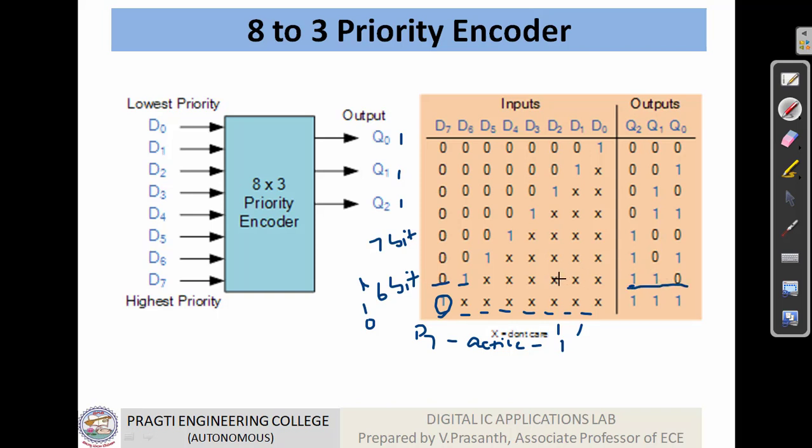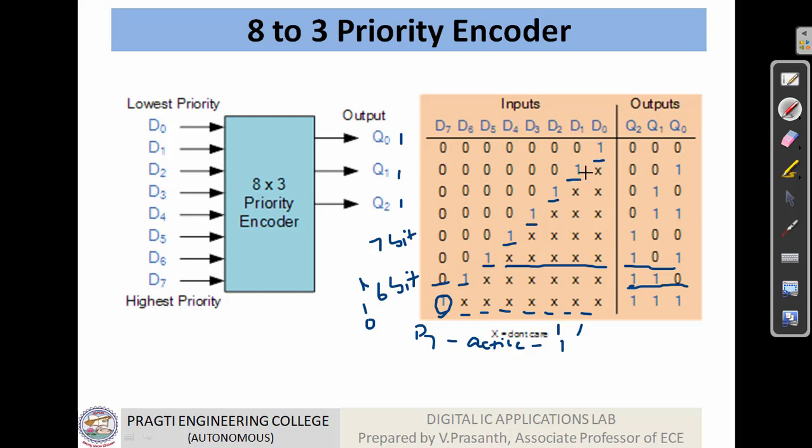Then the case goes to D5. Here D7 and D6 being inactive and D5 being 1, regardless of whatever may be the input between D4 to D1, it will present at the output 1, 0, 1. That means the 5th bit. Likewise, it goes with the 4th bit, the 3rd bit, the 2nd bit, the 1st bit, and then the 0th bit.